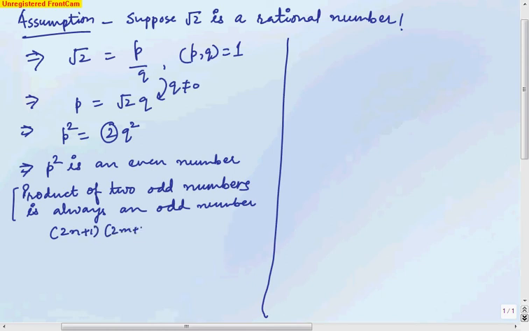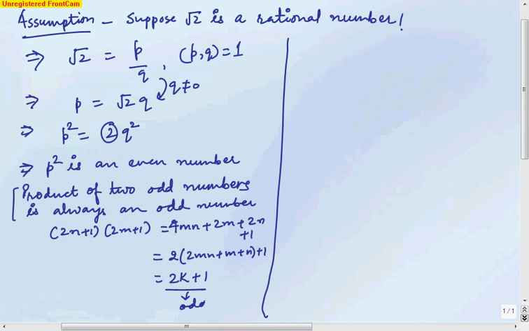These are two odd numbers. If I multiply them, I will get 4mn plus 2m plus 2n plus 1, which is equal to 2 times (2mn plus m plus n) plus 1. This is 2 times some number plus 1, which is again an odd number. So the product of two odd numbers is always an odd number.